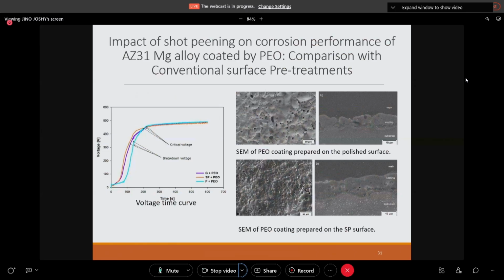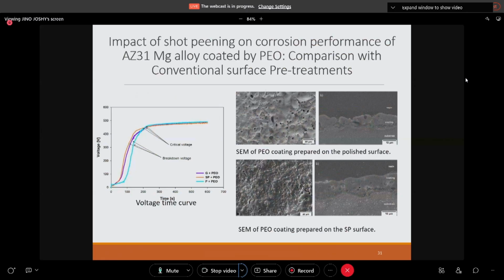Okay, so from this study they could understand that if you do a pre-treatment, that means shot peening on the sample, and then do a coating method like anodization, they can produce a coating with better properties.